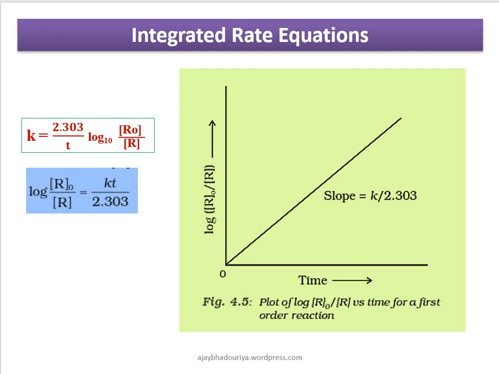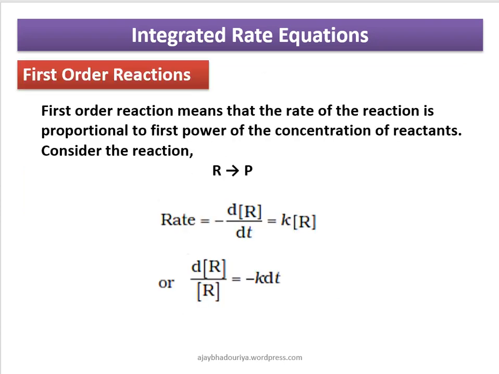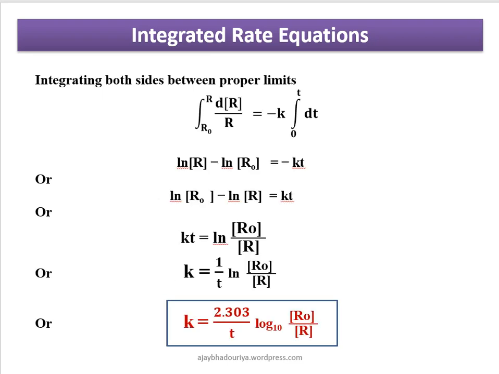Now, the integrated rate of reaction. For this, we can convert this equation by integrating both sides with proper limits. dR by R is equal to minus K dt.